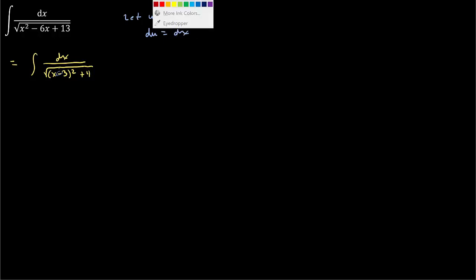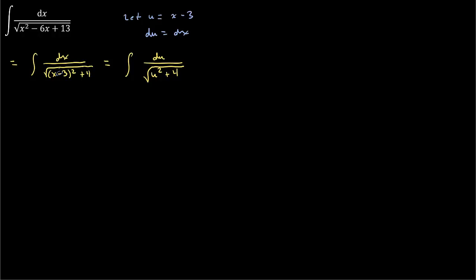So the dx I'm going to replace with du, and then the x minus 3, I'm going to replace with u. So that's the integral du over the square root of u squared plus 4. So I've rewritten my integral.